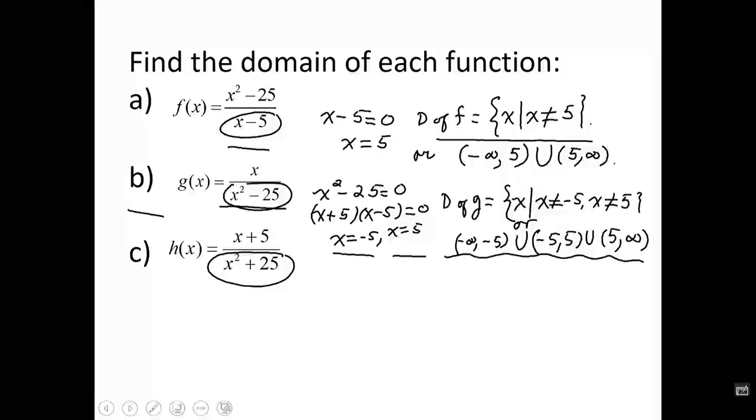So therefore, the domain of h must be all real numbers. Or we can express this as negative infinity to infinity.